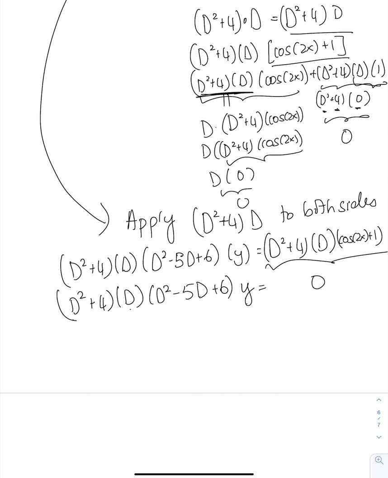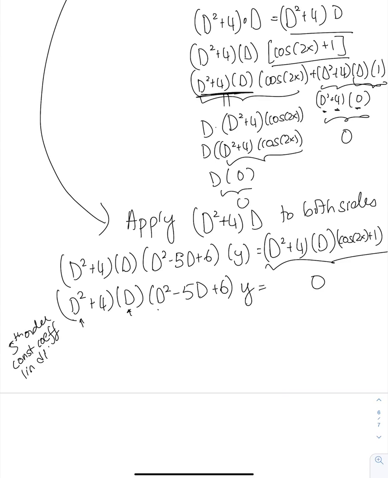It'll be a homogeneous linear differential equation with y as the function. What's the order? The first gives second order, then you apply D to that, that'll be third order, and then you apply D squared plus 4 to that, that'll be fifth order. So it's a fifth order constant coefficient linear differential equation.